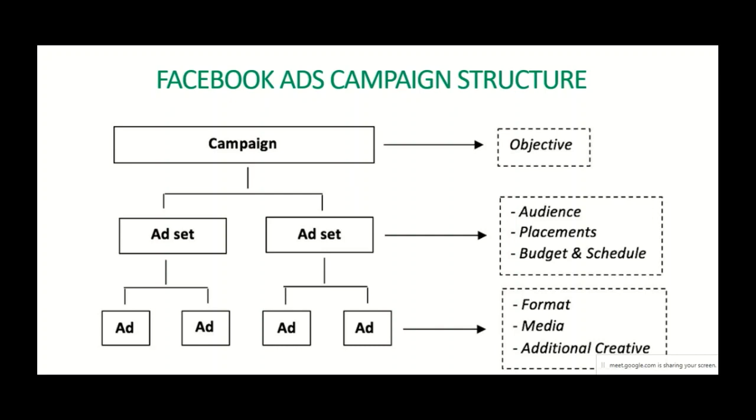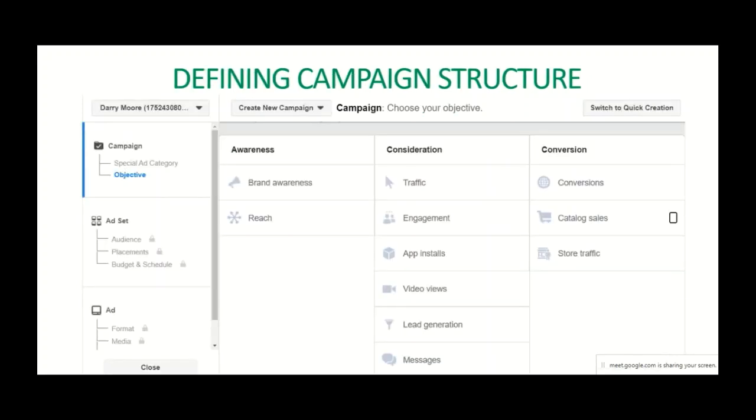This is the Facebook ads campaign structure. When you open your Facebook ad manager, you will see the campaign, the objective, the ad set level, and the ad level. The campaign level is what you see first, followed by the ad sets, then the ad creative.